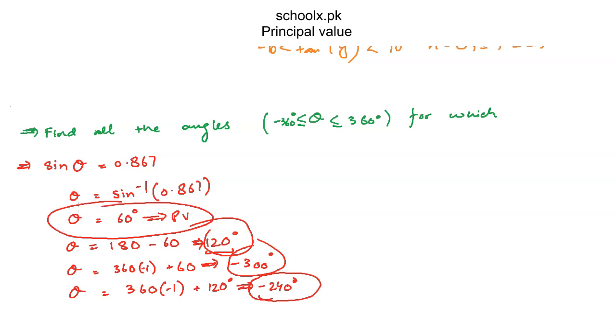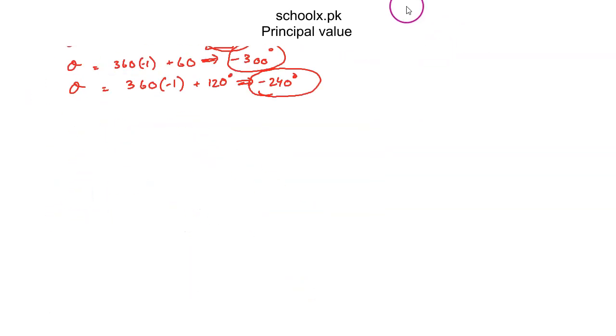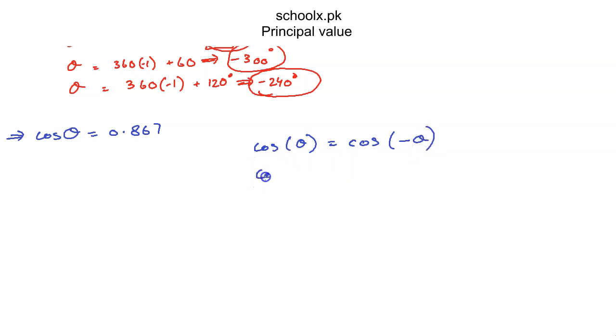Alright, now moving on, let's say we have cosine of theta equals 0.867. For cos theta, we know that cos of theta equals cos of negative theta, because cos is symmetrical about the y-axis, and cos of theta equals cos of 360n plus theta, since this is in degrees instead of 2 pi n.